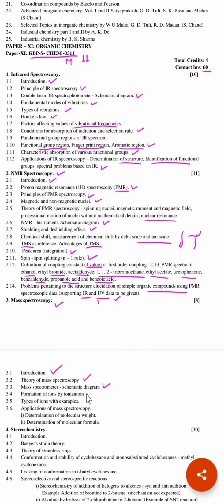Then formation of ions by ionization, types of ions with examples, how many types of ions are there, that we'll see in detail. And finally, applications of mass spectroscopy. Mainly two applications we will focus on, that is determination of molecular weight and determination of molecular formula.